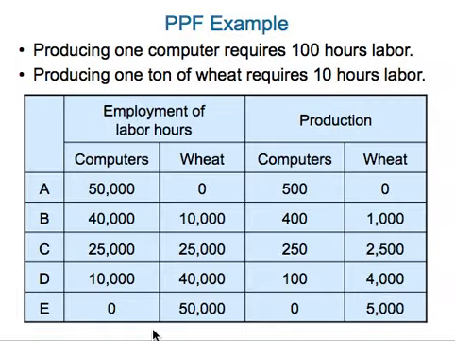Conversely, if you went all in with your labor hours in producing wheat, you would produce 0 computers and 5,000 tons of wheat. And then you see the different varying combinations in between.